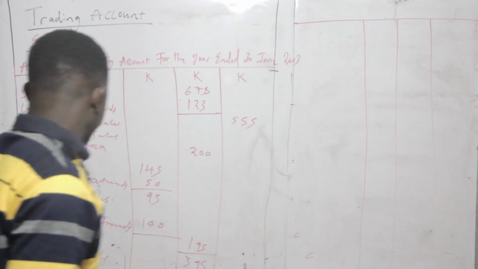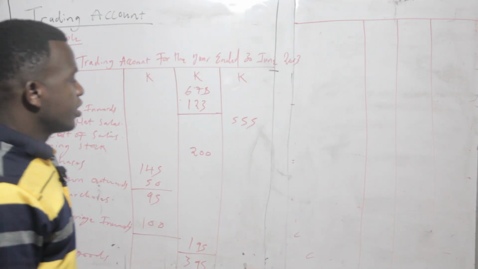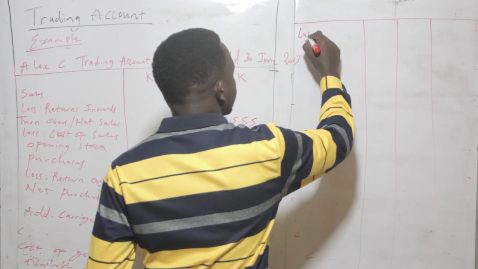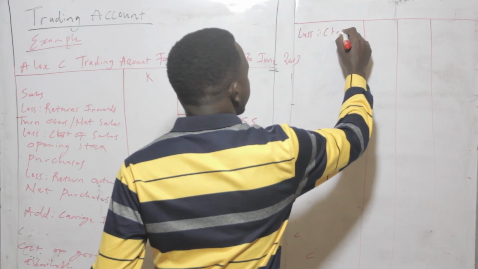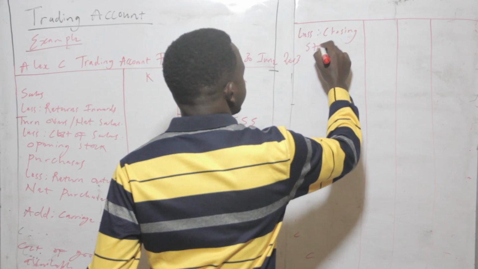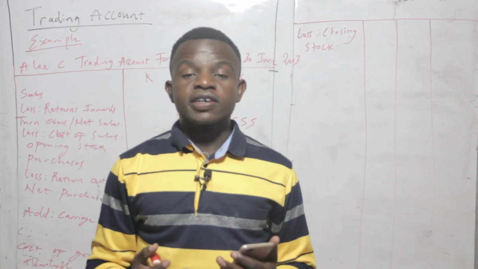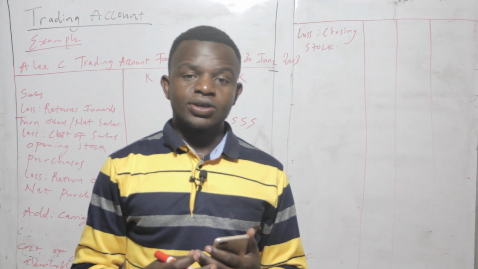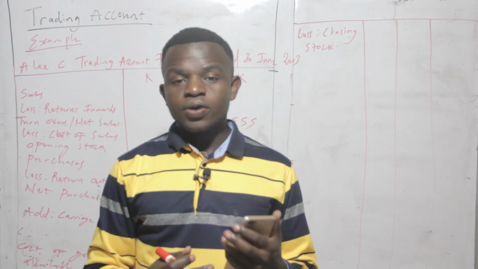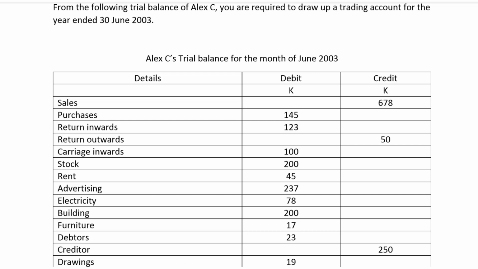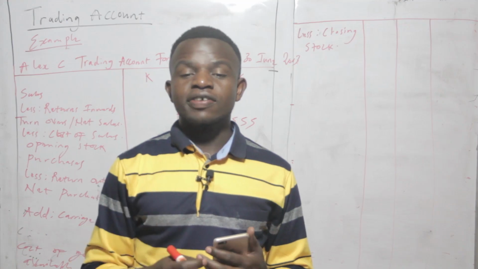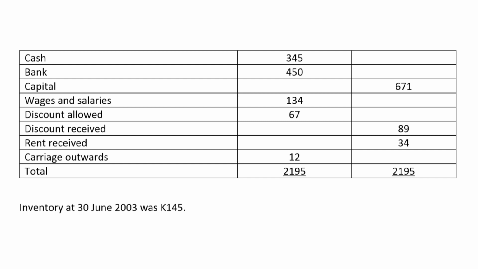Since we have calculated our cost of goods available, then we have to say less closing stock. For you to differentiate between the closing stock and the opening stock, the opening stock, you're always going to find it in the trial balance. Then the stock that is given outside the trial balance, that's going to be your closing stock. So if we check there from our question, our closing stock, we're having 145.